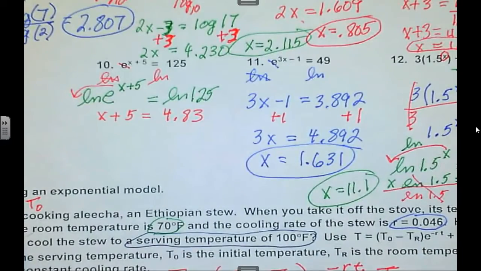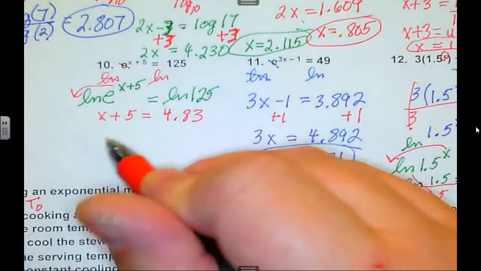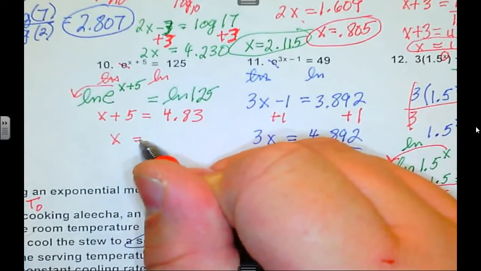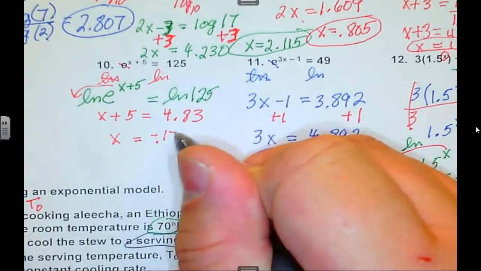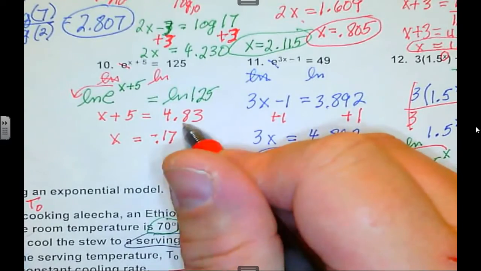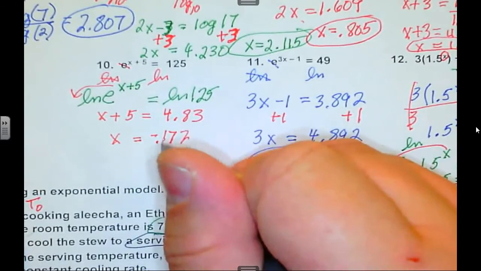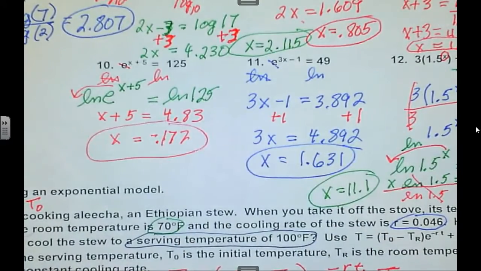Now all I have to do is just minus 5 from both sides. So x is going to equal negative 0.17, I don't know, 2. Round it off.